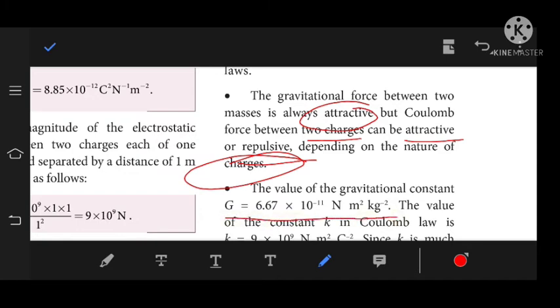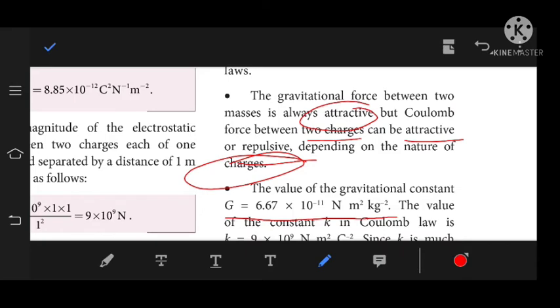The gravitational constant G is equal to 6.67 into 10 power minus 11 Newton meter square kg minus 2. In the case of the Coulomb constant, K is equal to 9 into 10 power 9 Newton meter square Coulomb minus 2.